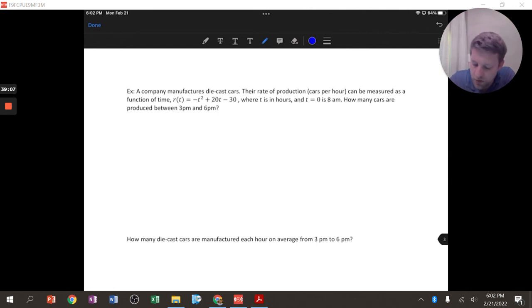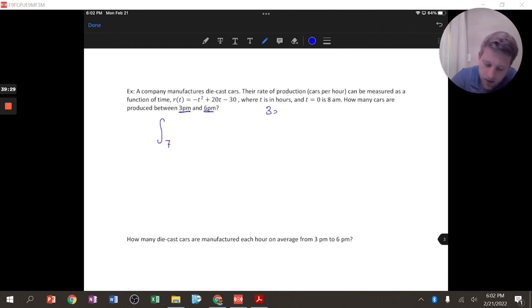If I wanted to set up an integral for this second question, we can again consider what our bounds are. 3 and 6 are the times, p.m. here. And if I start from 8 a.m. to 3 p.m., that first time interval is about 7 hours. If we go from 8 to 3, this would be 7 hours.